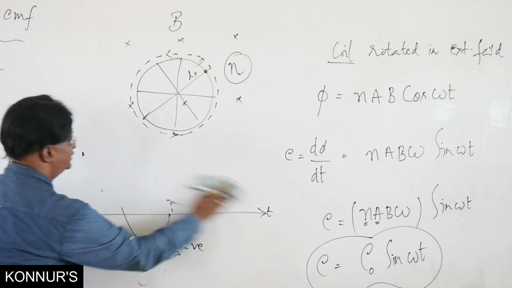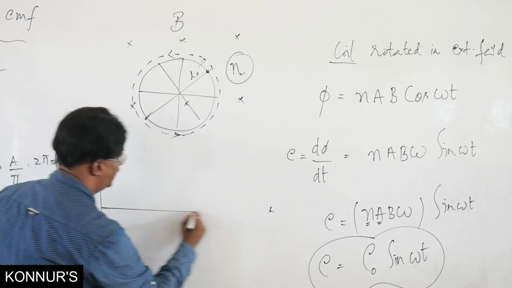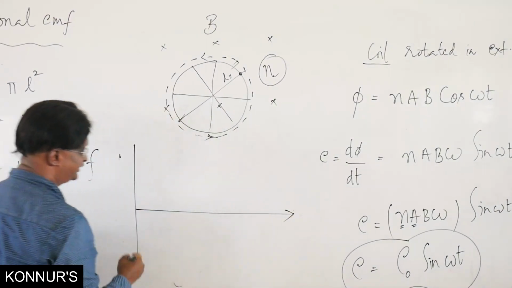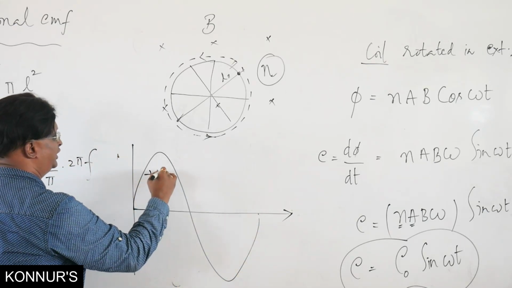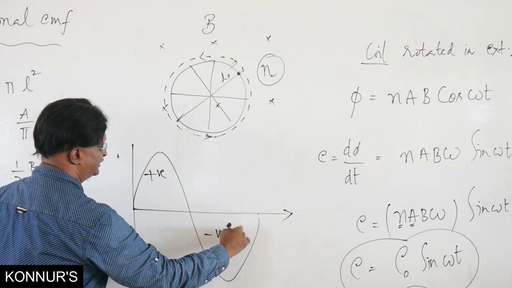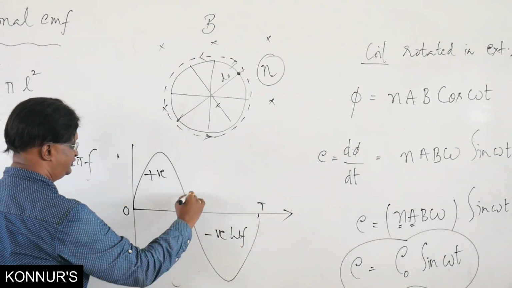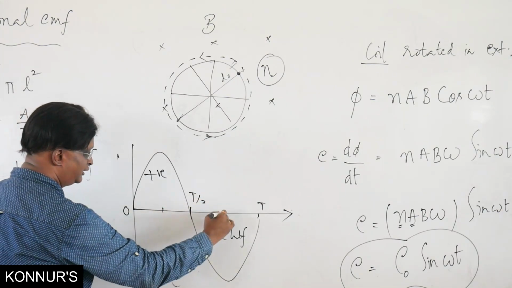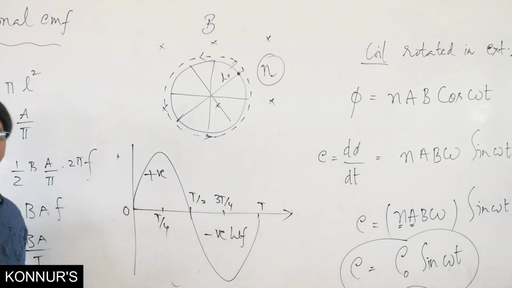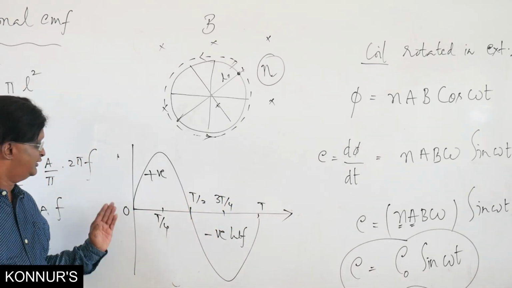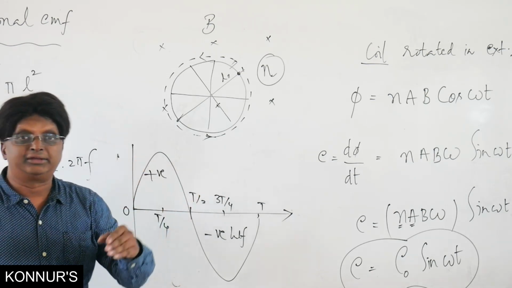To show you in a much bigger way, only one cycle I will show you, because this also happens to be an important question. See, we are showing this as the positive half cycle and negative half cycle. It starts at 0 and the cycle ends at T, therefore this becomes T by 2, and these are symmetric. I write T by 4, 3T by 4. Now what you observe is that for every T by 2, the direction of induced EMF is getting reversed.